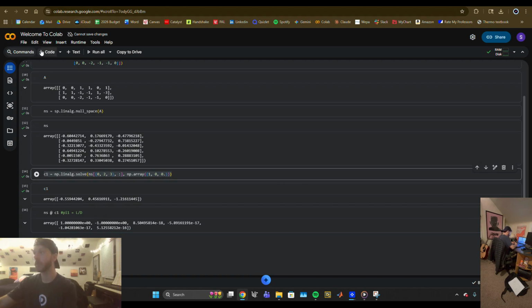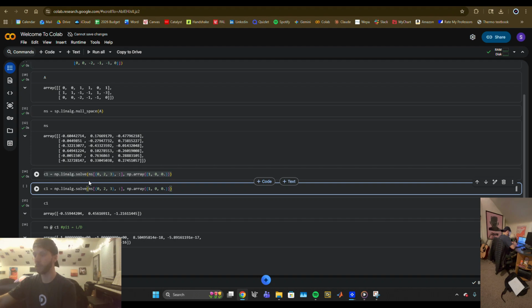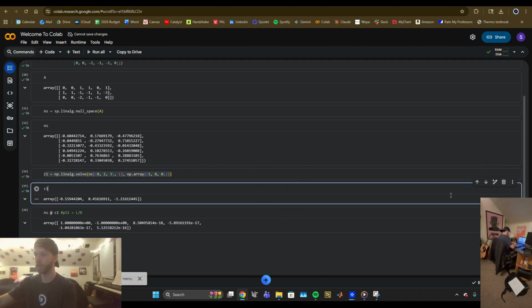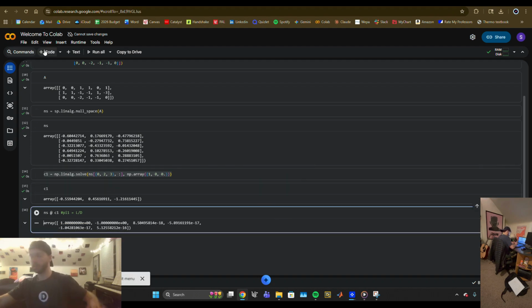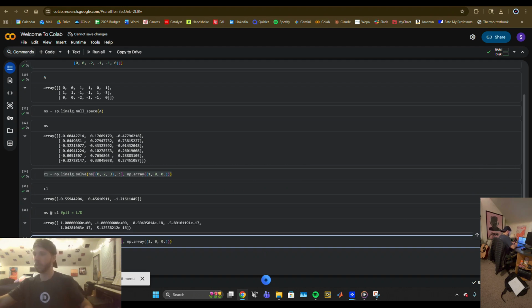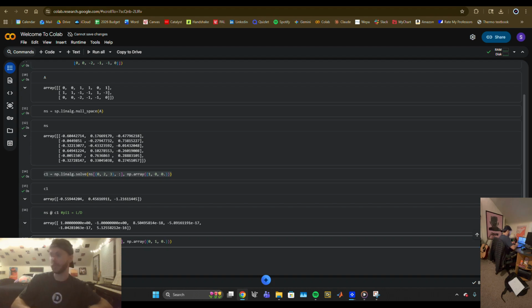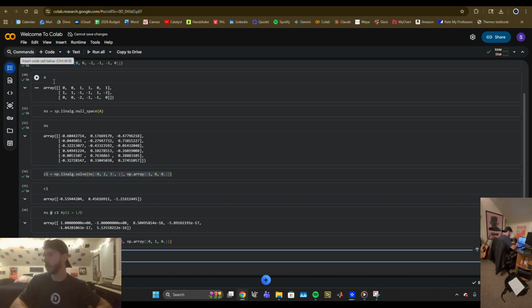So to find the remaining two, we can copy this. We'll call this one C2. Everything will be the same, except in this case our length will be set to 0 and our change in pressure will be set to 1.